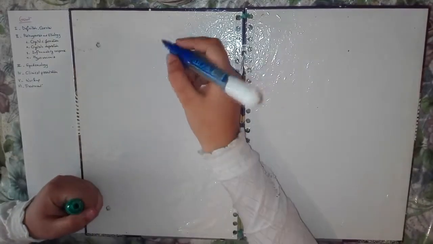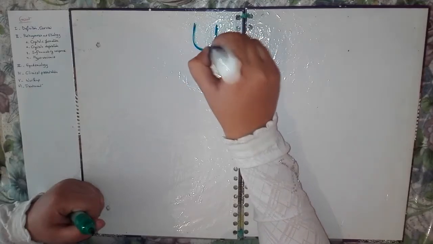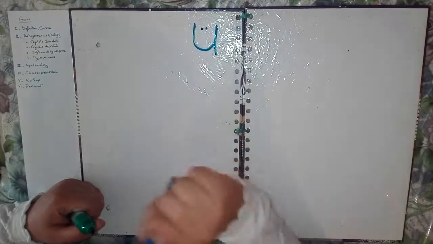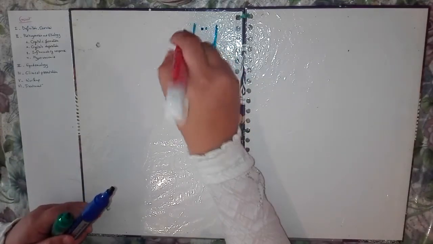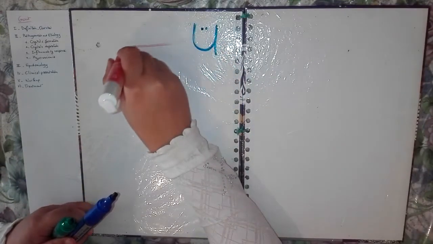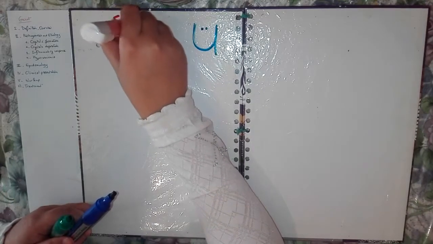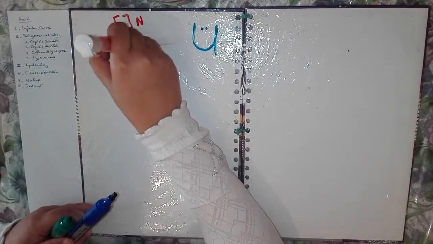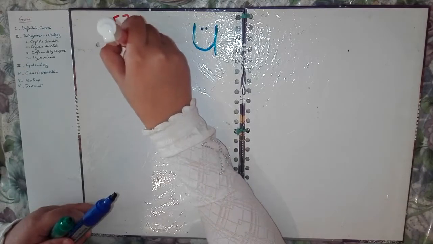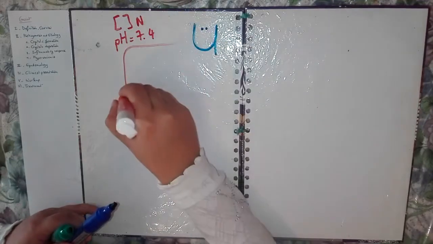Now, we have Mr. Uric acid here. In normal conditions, its level is normal and the pH is normal, 7.4. What happens?